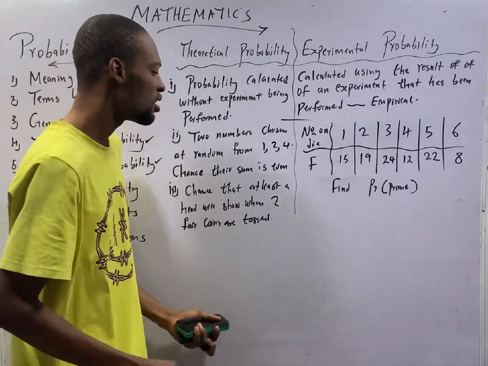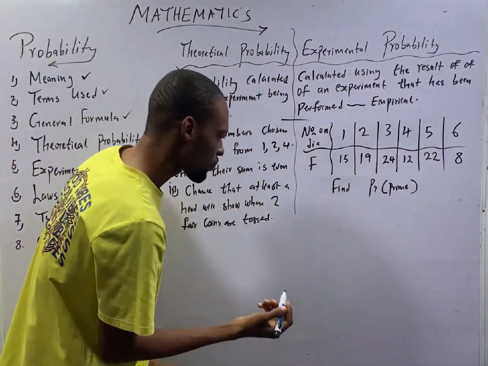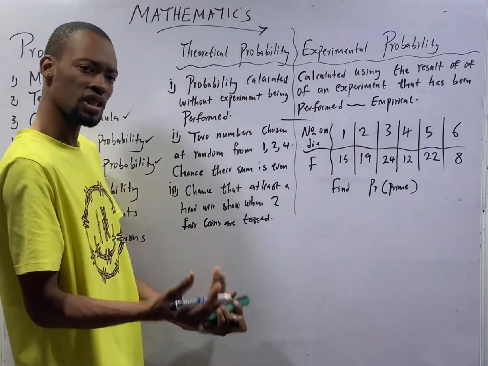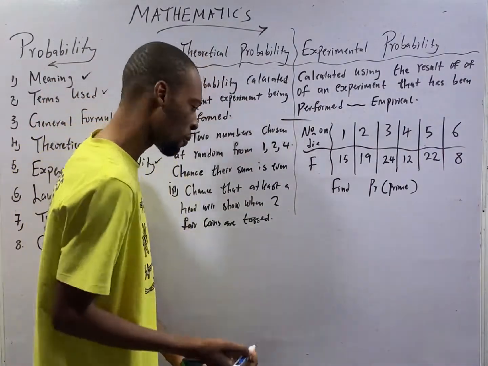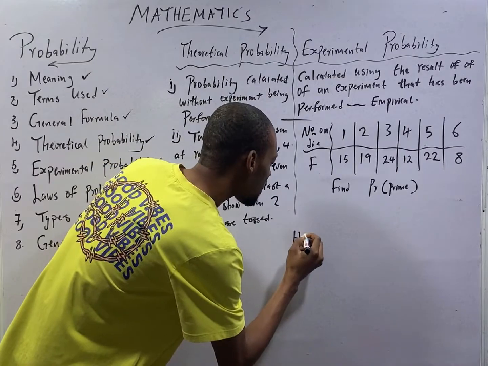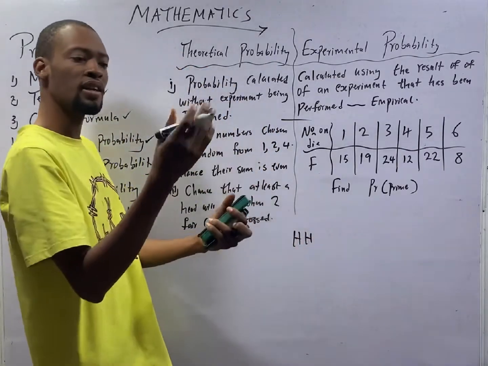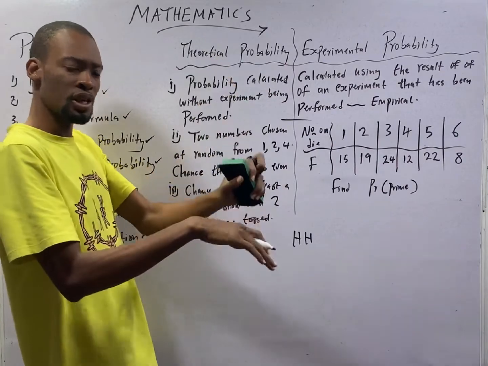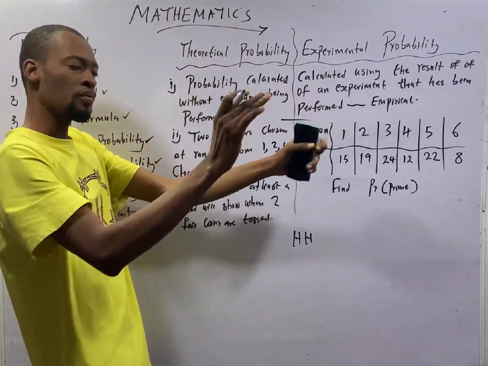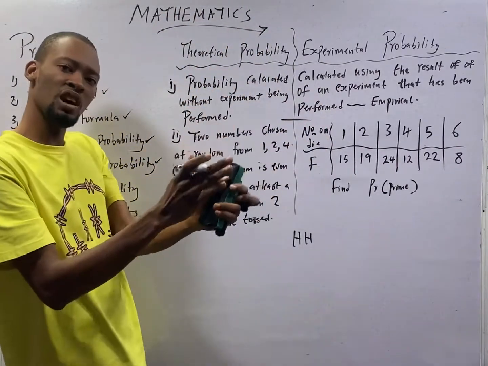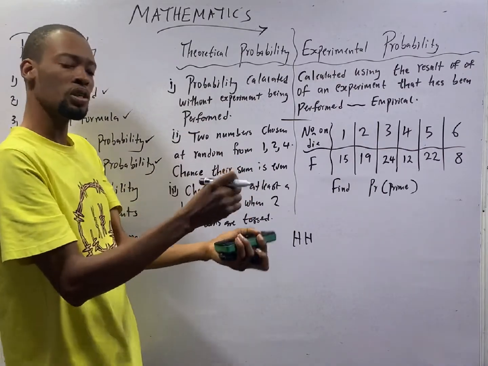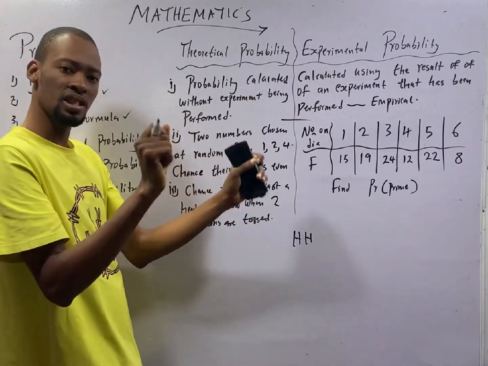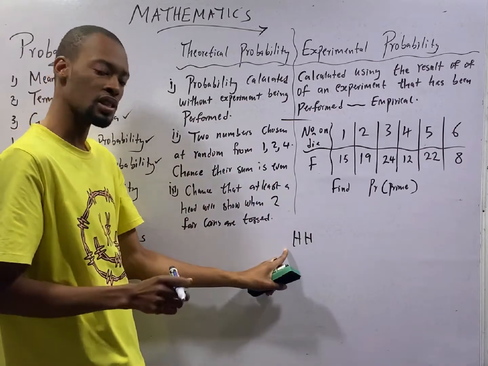If you have two coins, these are the sample space or the outcomes. Either you see a head and a head, because when you throw one, either the head faces up or the tail. These are the two chances. But throwing two together, one can show head and the other one will show head. Like for Ludo, if you throw two dice, you can get 6-6. So it is the same thing here.